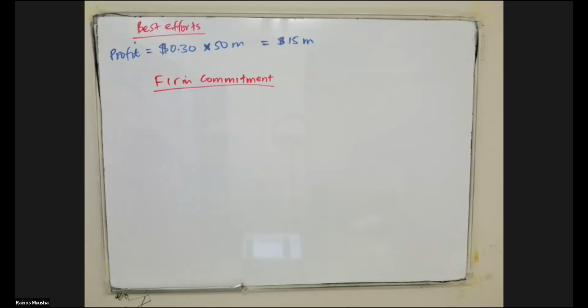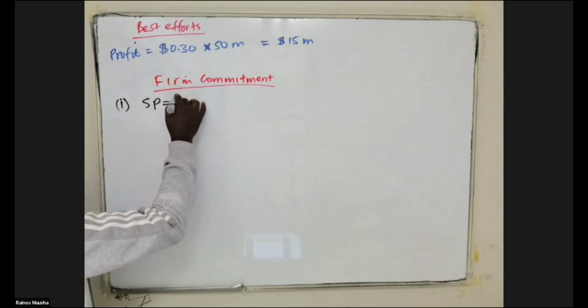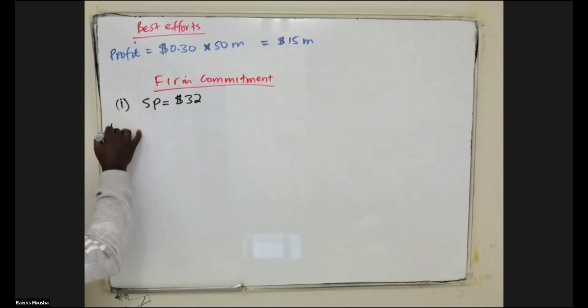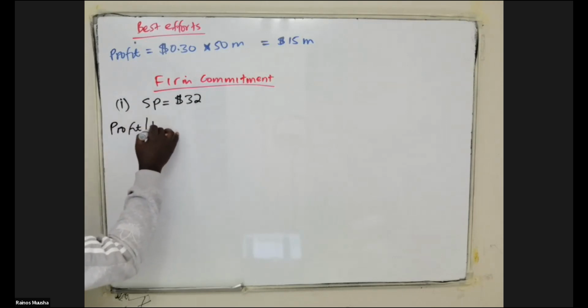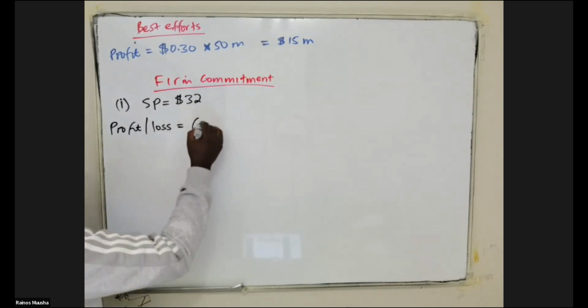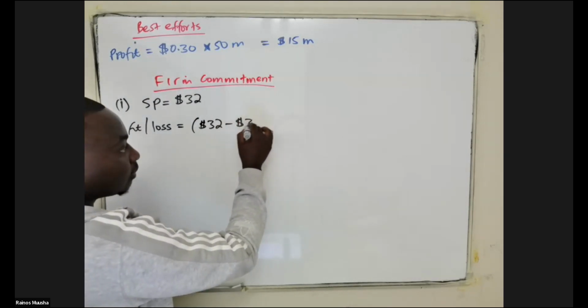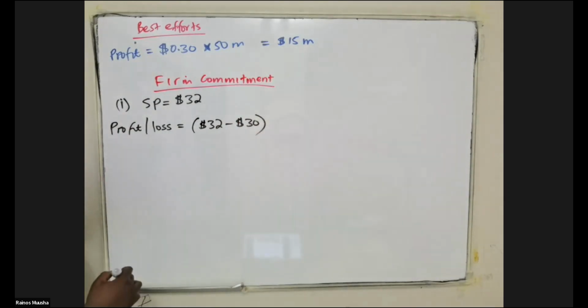But now, going into the future, in the first scenario, if the selling price of this share ends up being $32, it would mean their profit or loss is going to be equal to, they are selling this share in the market for $32. They are committing to buy this share from the issuer at $30.